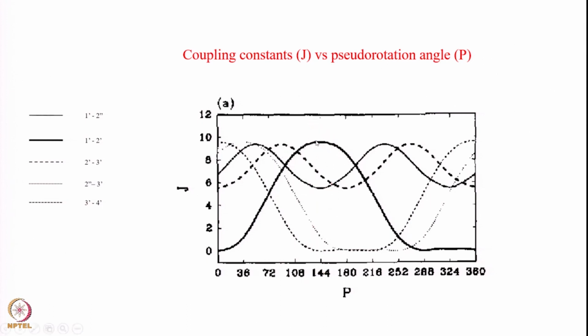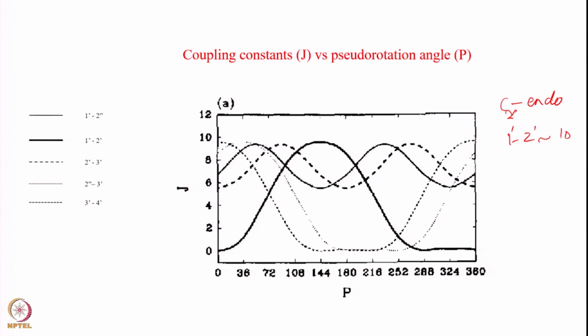So, we can write some of these things here. For the C2 prime endo geometry, the 1 prime 2 prime coupling is approximately 10 Hertz, and you can look at the other ones.